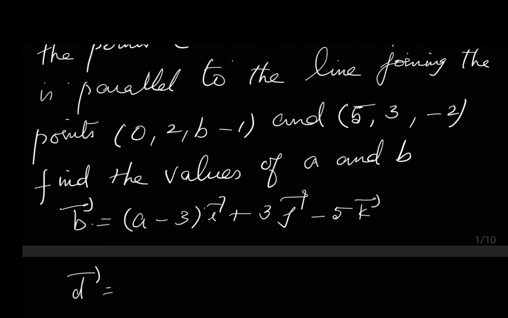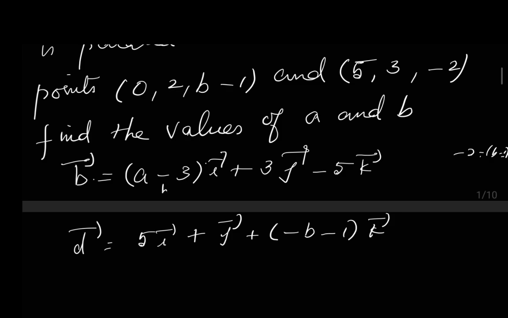Take the next parallel vector, the direction ratios: 5 minus 0, 5i; 3 minus 2, 1j; minus 2 minus b minus 1, that is minus b minus 1, k. So this is your b1, b2, b3 and d1, d2, d3 coefficients.